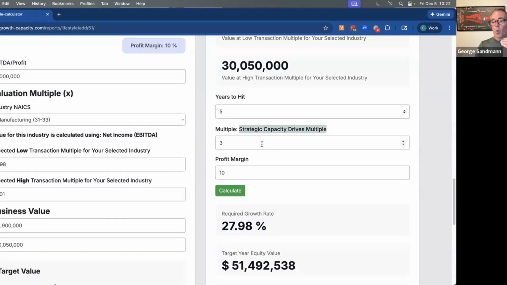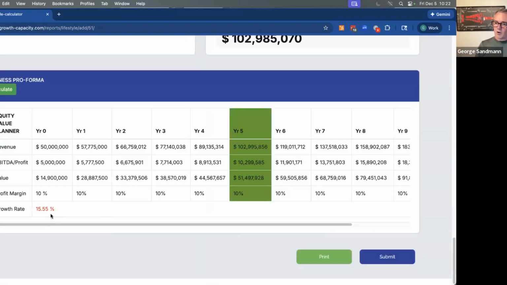We get the quality of your business, the confidence that an acquirer would have that you have low company specific risk. What if we get your multiple up to a 5? Not 6, let's stay conservative. I'm going to move it to a 5. I click calculate.